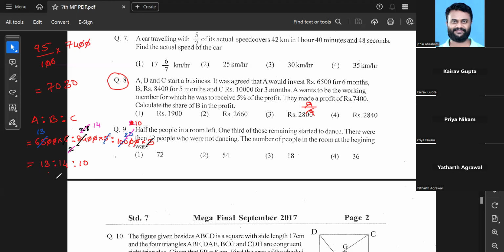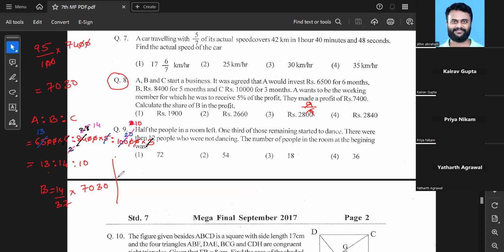So basically how many parts are there? 13 plus 14 is 27, plus 10 is 37 parts. Out of 37 parts, A is going to get 13 upon 37 and B is going to get 14 upon 37 of the total profit which they were going to share.